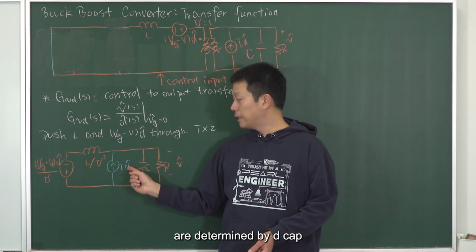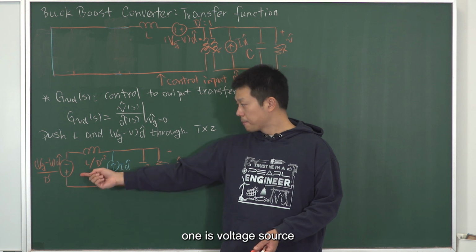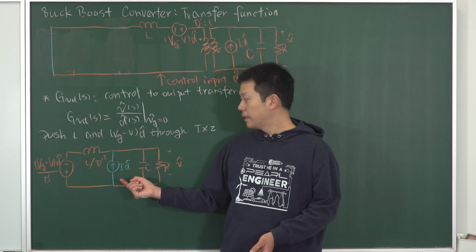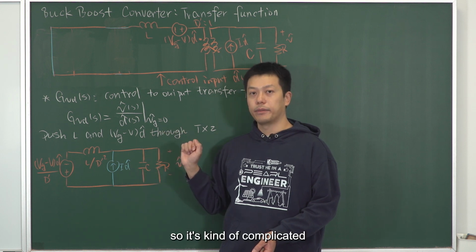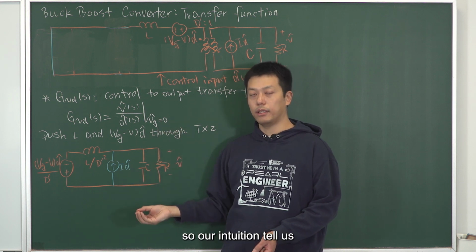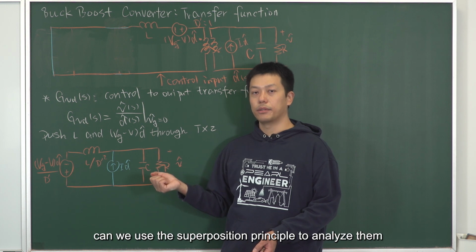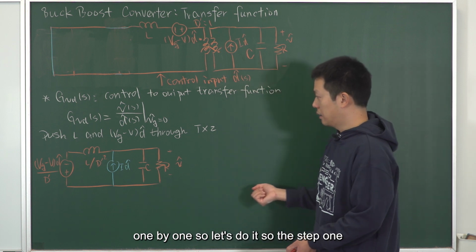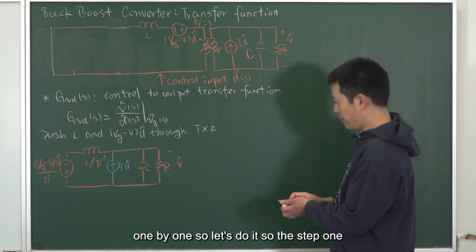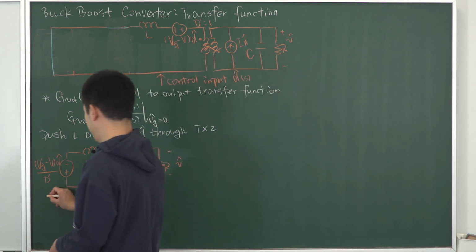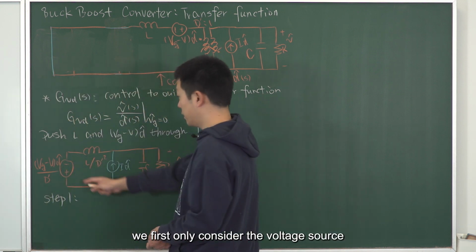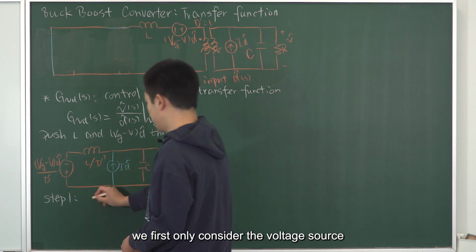Both are determined by d cap. One is a voltage source, one is a current source. So it's kind of complicated. So our intuition tells us, can we use the superposition principle to analyze them one by one? So let's do it. So step 1, we first only consider the voltage source.